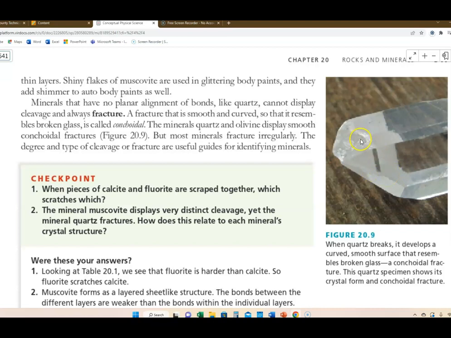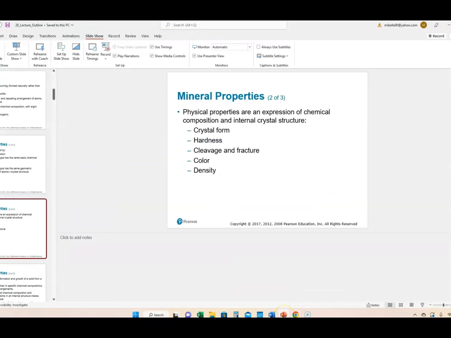All right, so they're both examples of breaking the mineral.